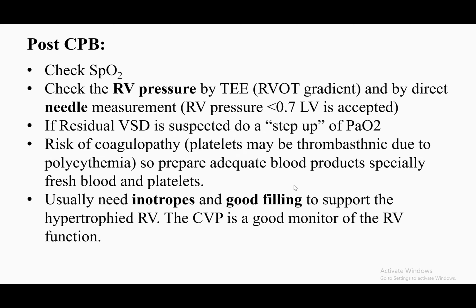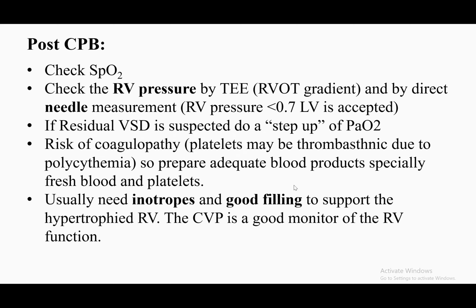If residual VSD is suspected, we do a step up of oxygen. The step up is done by measuring the oxygen content in an ABG sample taken from the right atrium and the pulmonary artery.